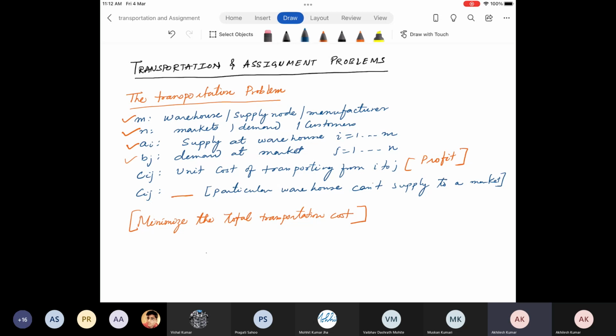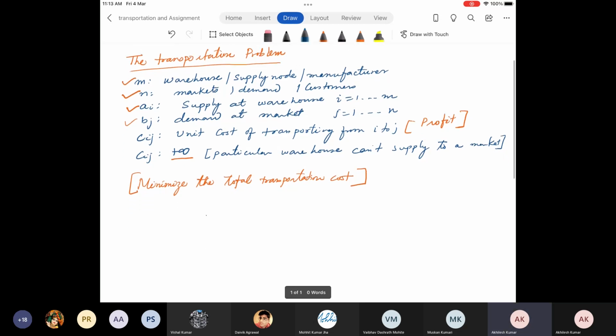So how should we ensure that no product is sent from the Chennai warehouse to the Kashmir market? In what case will you not transport anything? So we can set the cost to 0, or a very high cost? Very high cost. So the cost is so high that the model which you are trying to solve will never put anything there.